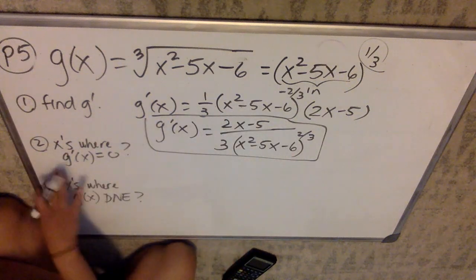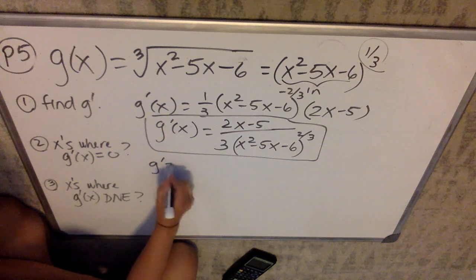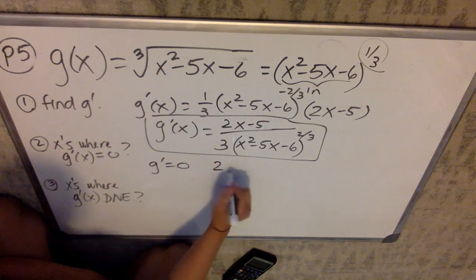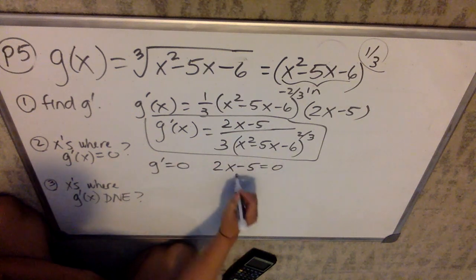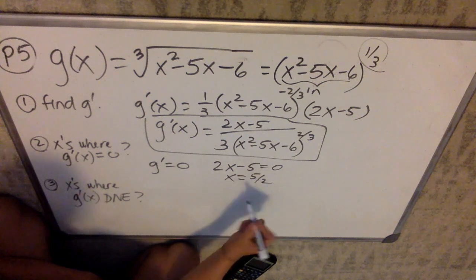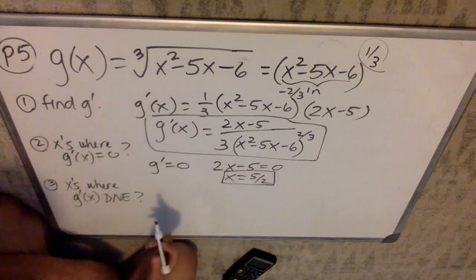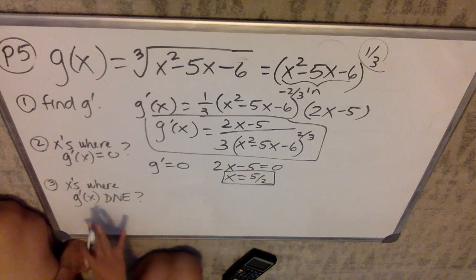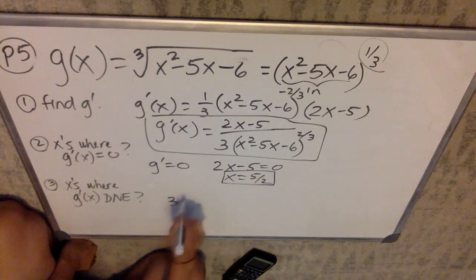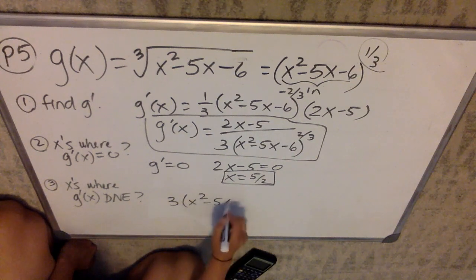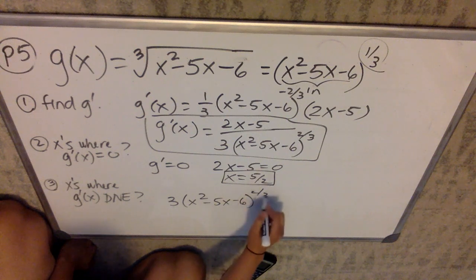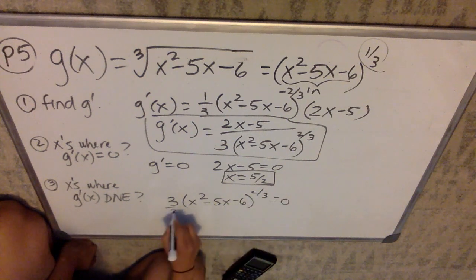Now remember, when we say g prime equals 0, we're saying the numerator equals 0. So 2x minus 5 is 0, and you're going to get x equals 5 halves. We will graph this in a second in the calculator. And when you want to know when g prime does not exist, that's saying your denominator equals 0. Since 3 isn't equal to 0, we can divide that out.